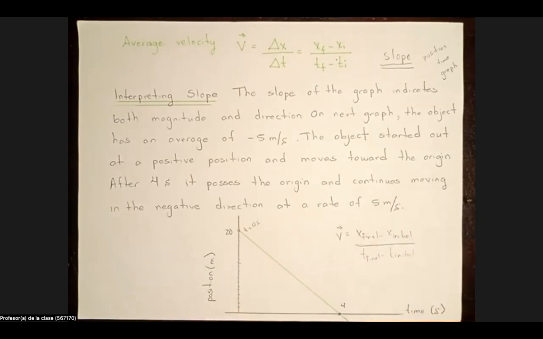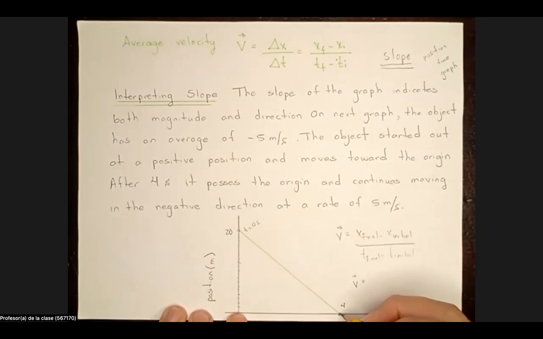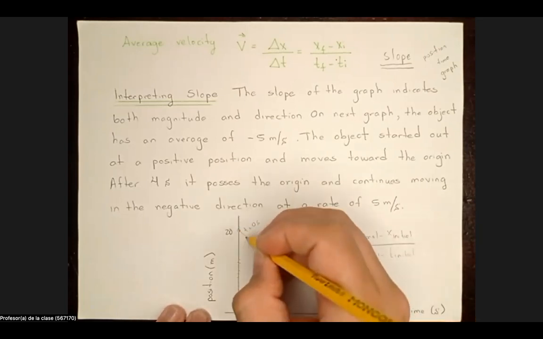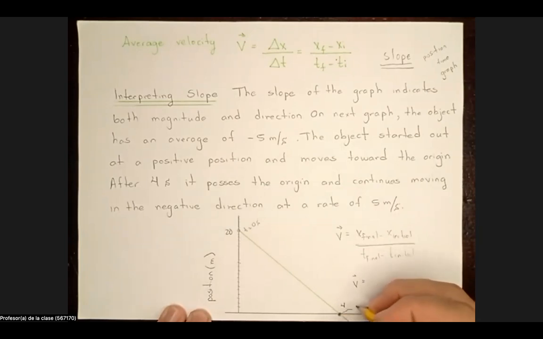So the final position will be this one, okay? Here at the intersection of the straight line with the x-axis, the horizontal axis, position will be 0 at this point, okay?